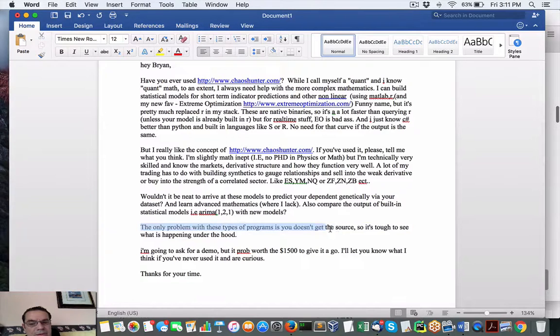The only problem is that you don't get the source, so it's tough to see what is happening under the hood. That is very true, and that's why I believe if you know your own source code really well, it doesn't matter, because you already have it and you understand it. But even if you do get source code, it can be very daunting. You can run it through debugger scenarios and try to reverse engineer the code itself, but if it's poorly written, you are screwed.